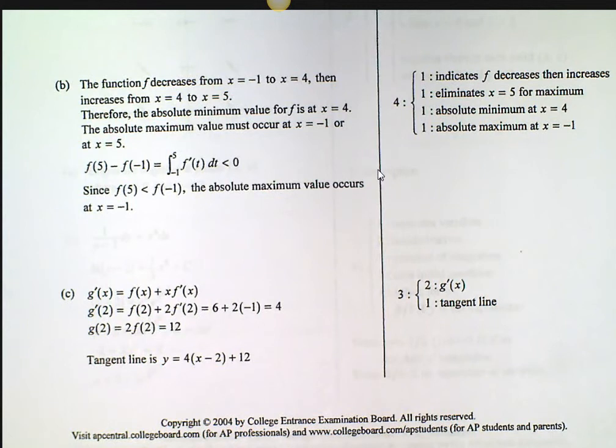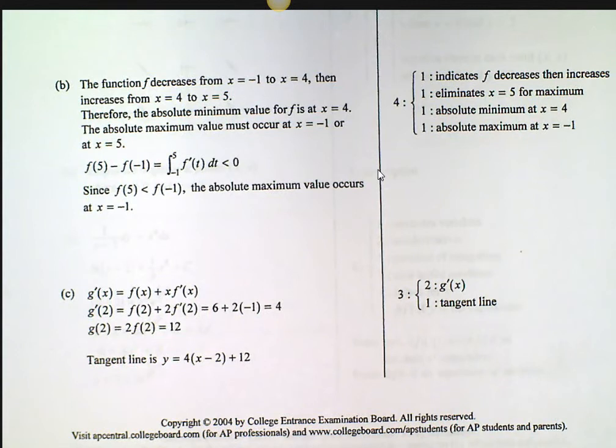The absolute minimum, because it decreases from -1 to 4, then increases from 4 to 5, absolute minimum. Now, if you just said that signs change from negative to positive, are you right? No. Because with absolute, what do you have to talk about? The whole domain. So you have to indicate that f decreases, then increases on the whole domain.